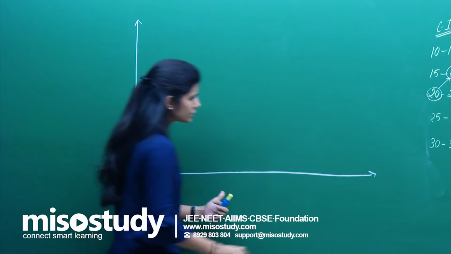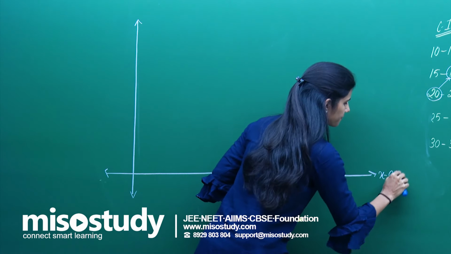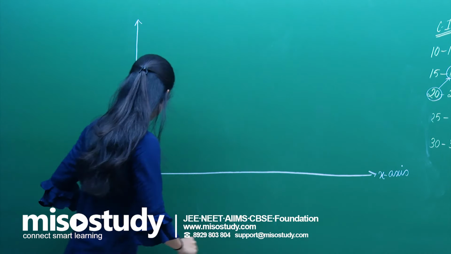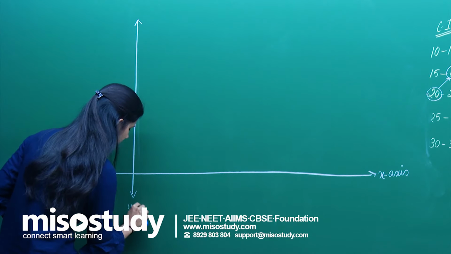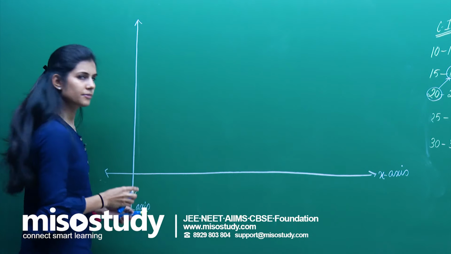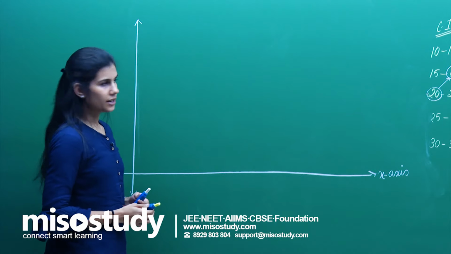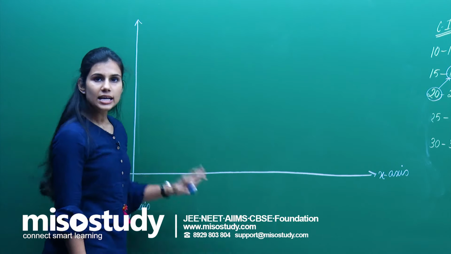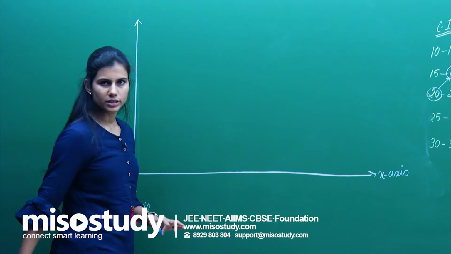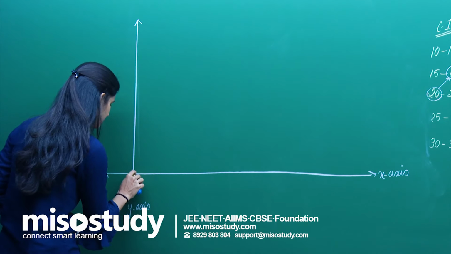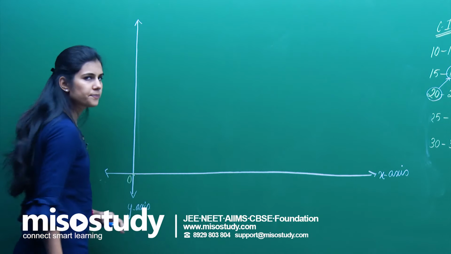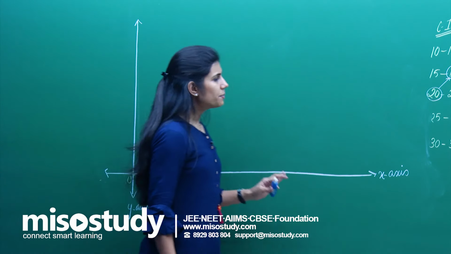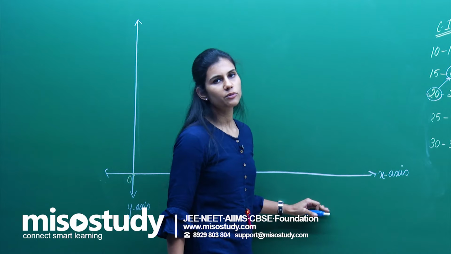The horizontal one is your x-axis and the vertical one is your y-axis. The frequencies are marked along the vertical line and the class intervals are marked along the horizontal line. Of course, this is 0. Fine. Now, we have to mark the class intervals on the x-axis and frequencies on the y-axis.